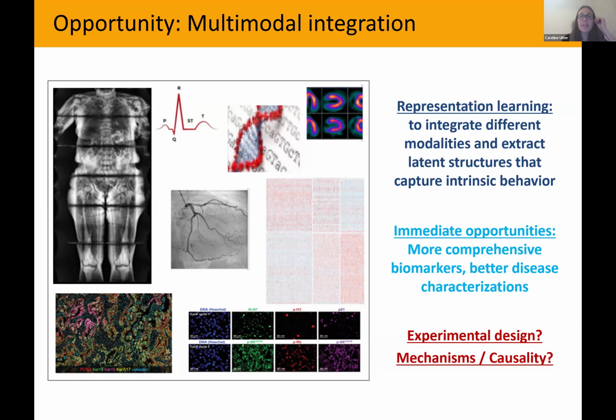And so I'll be using this point of view, and this hypothesis has brought us quite far. And more recently, we're also able to prove that this really holds mathematically. So multimodality can actually help us when we want to get at mechanisms and causality. And so I want to talk about this. And then of course, there is also the question of experimental design, because if you can get different modalities, well, maybe some modalities contain more information than others.